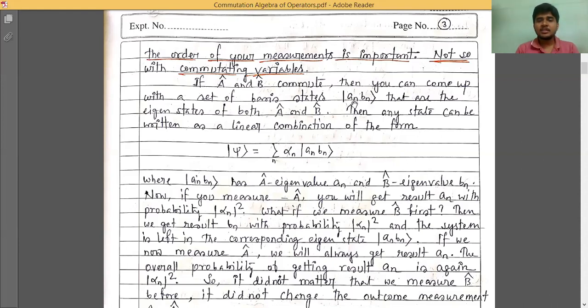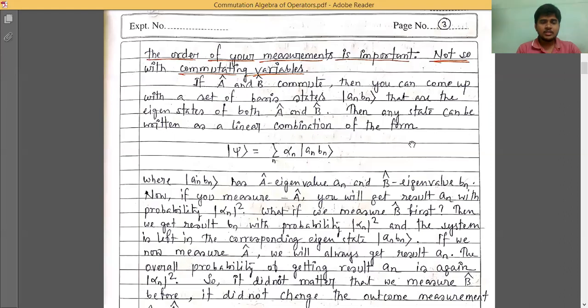Here I have taken a state |An, Bn> in the ket notation. We will discuss the Dirac bracket notation in our next chapter, and there we will have a lot of discussion about this. So the basis states are the eigenstates of both A and B. Then any state can be written as a linear combination of the form psi equals the sum of alpha n times |An, Bn>.